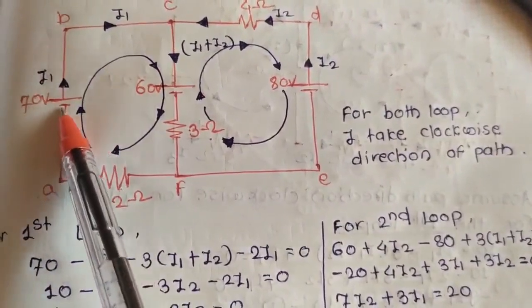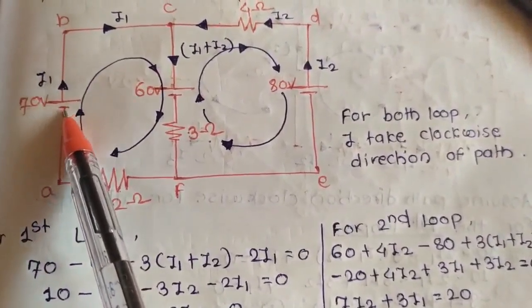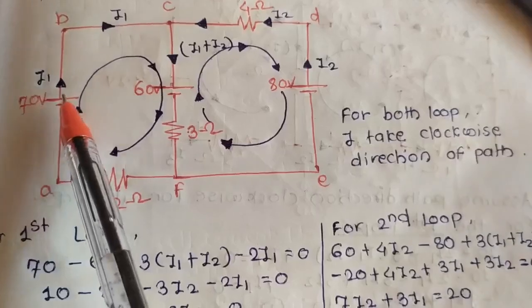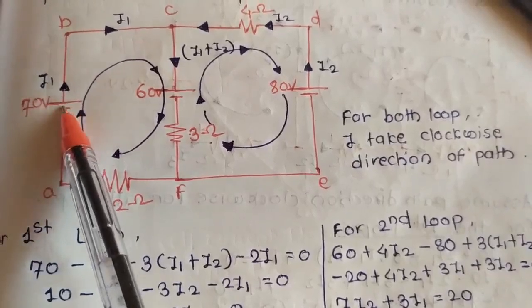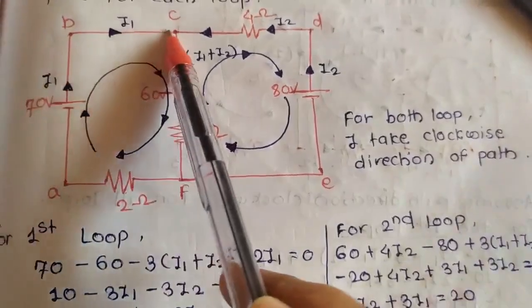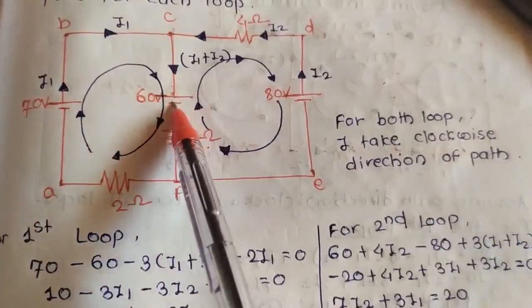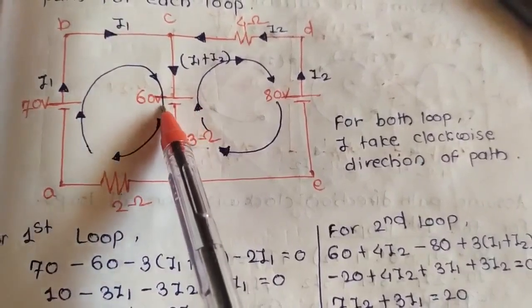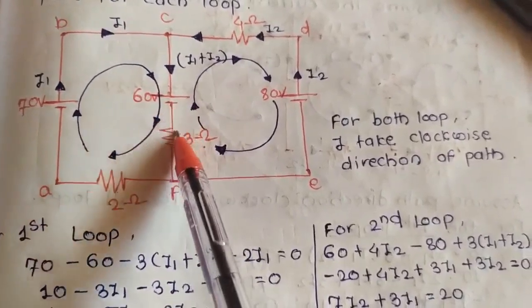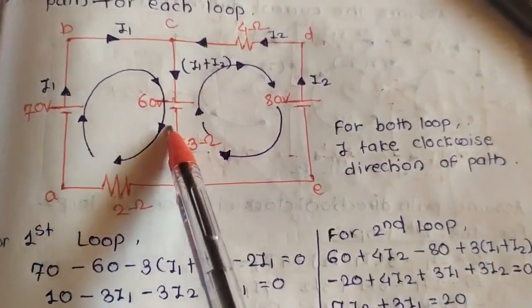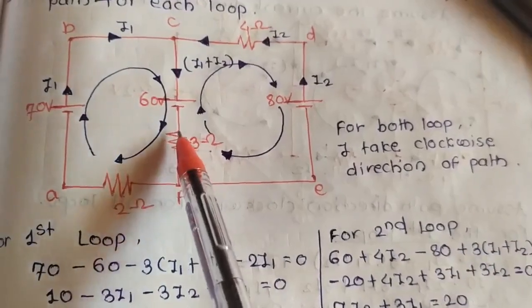Now, loop direction on a cell, low potential to higher potential, plus, then again higher potential to lower potential, minus. Plus, minus.